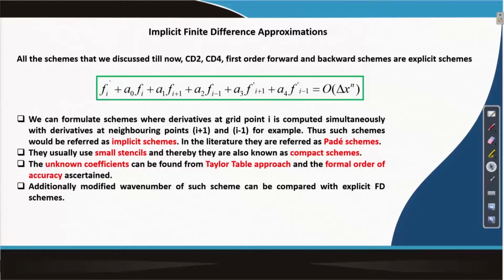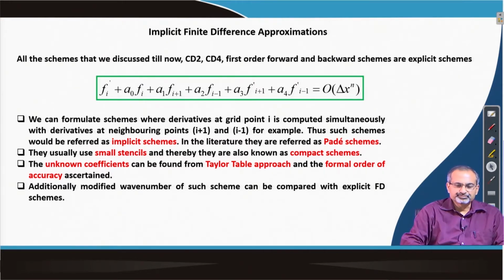In this lecture, we will continue our discussion on the Taylor table approach. In the previous lecture, we had started discussing implicit finite difference approximations and the application of Taylor table in such approximations.